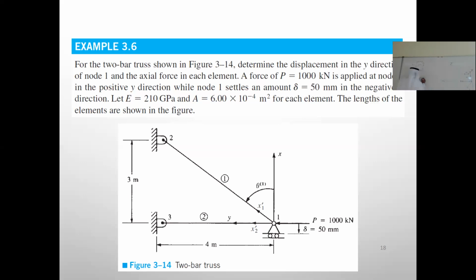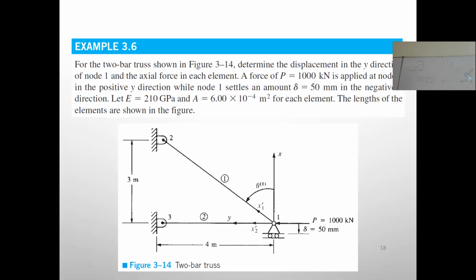So do you think that theta 1 is this one, 63.1? If you think so, what is theta 2? Theta 2, how much? 90. Always like this. Theta here is 90. Then if you find this, you can find the stiffness.